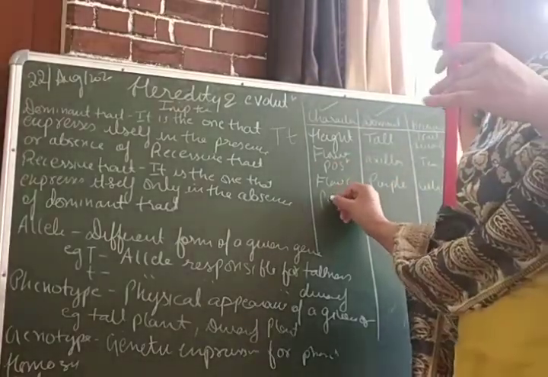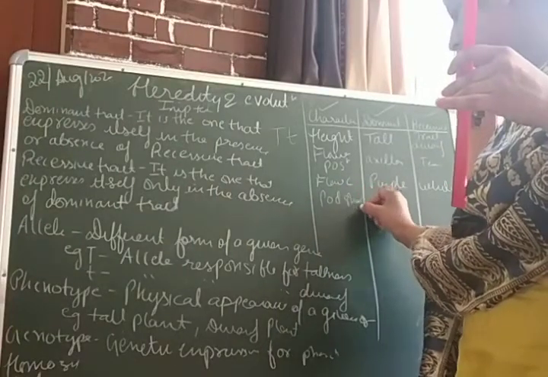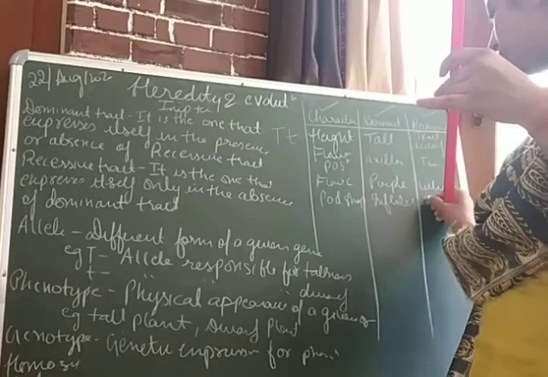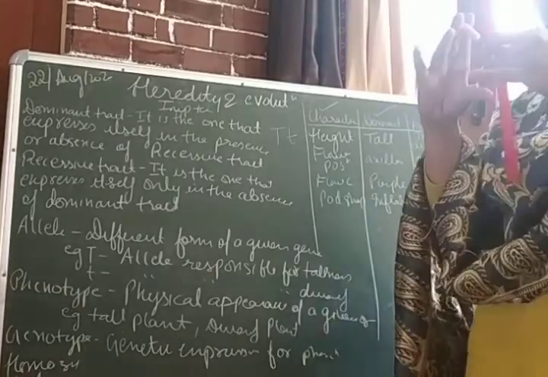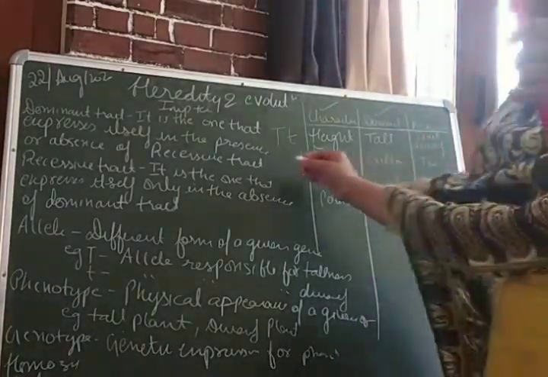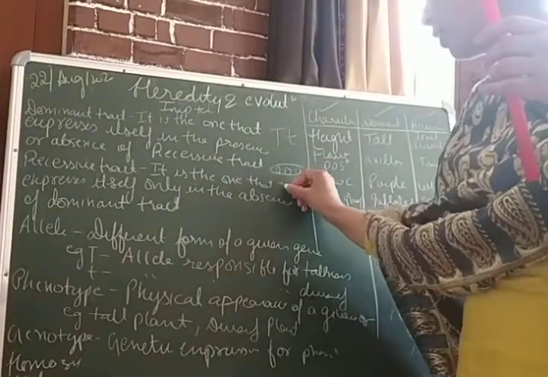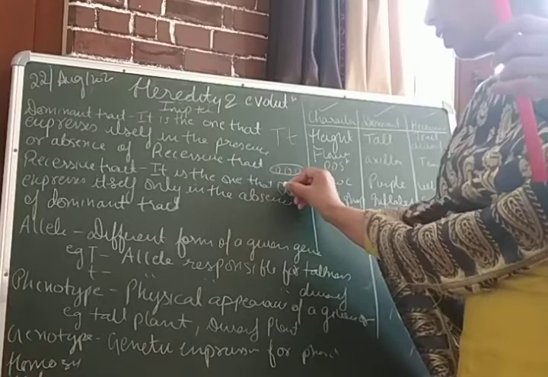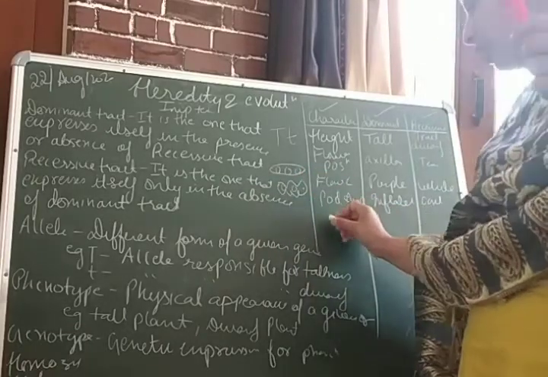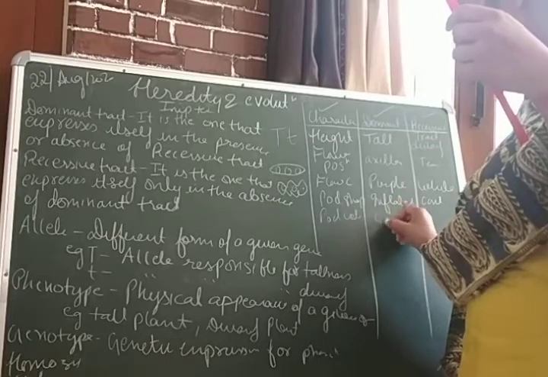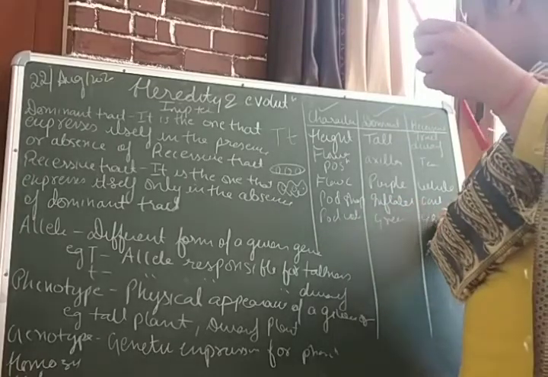Then your pod shape. It would be inflated or constricted. What is this pod? It is the fali, the chilka. Inflated means like this, and constricted means like a tamarind. It would be like this. Then your pod color, it would be green or yellow.